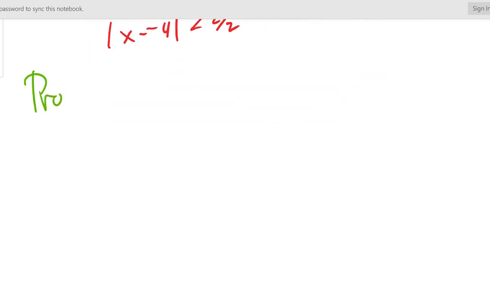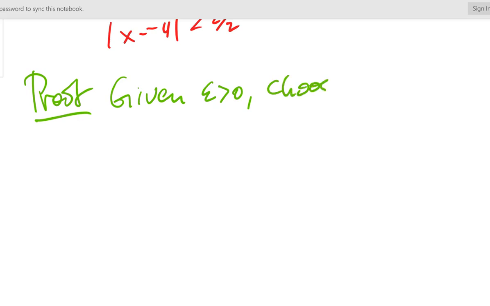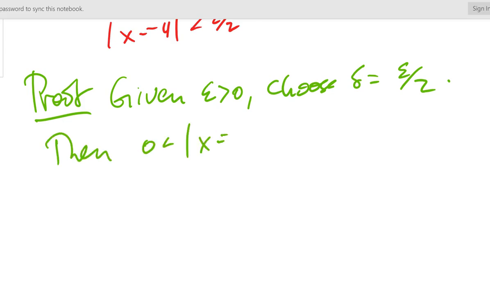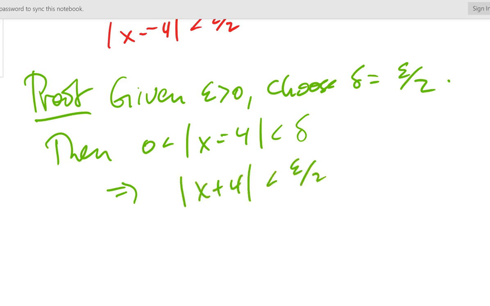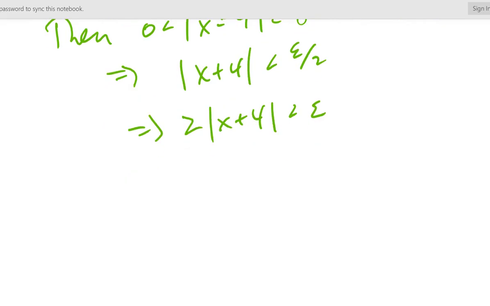the proof is this. Given epsilon greater than 0, choose delta to equal epsilon over 2. Then 0 less than the absolute value of x minus minus 4 less than delta implies that the absolute value of x plus 4 is less than epsilon over 2, which implies then that 2 times the absolute value of x plus 4 is less than epsilon, which implies then that the absolute value of 2x plus 8 is less than epsilon.